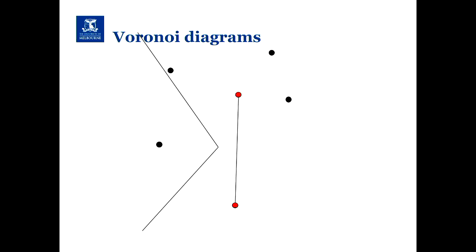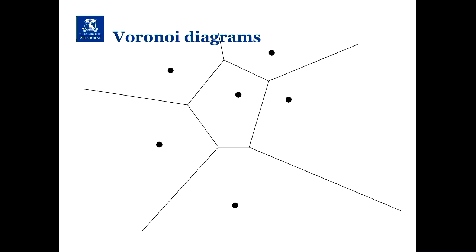Now I'm continuing with construction. Again, I connected 2 other points, created a center line, and deleted what I don't need. Only the segment I'm interested in. And so on, until I've created what is called the Voronoi diagram.